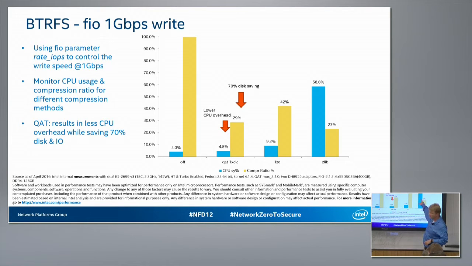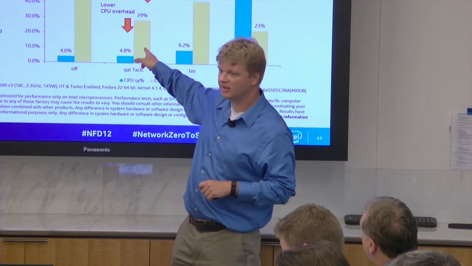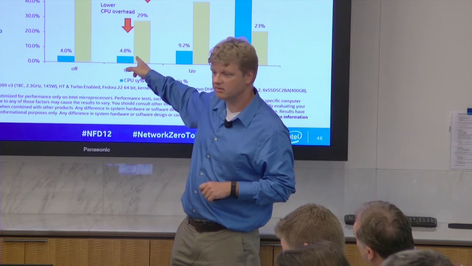You're going to consume about 58% of the cores just to get down to 23% of the original size. So these percentages are of the original size. That's why compression off is 100. With Quick Assist, you can drive down to 29% of the original size, and you're consuming 4.8% of the CPU. So essentially, you add 0.8% of the CPU, and you can save 70% of your disk space.